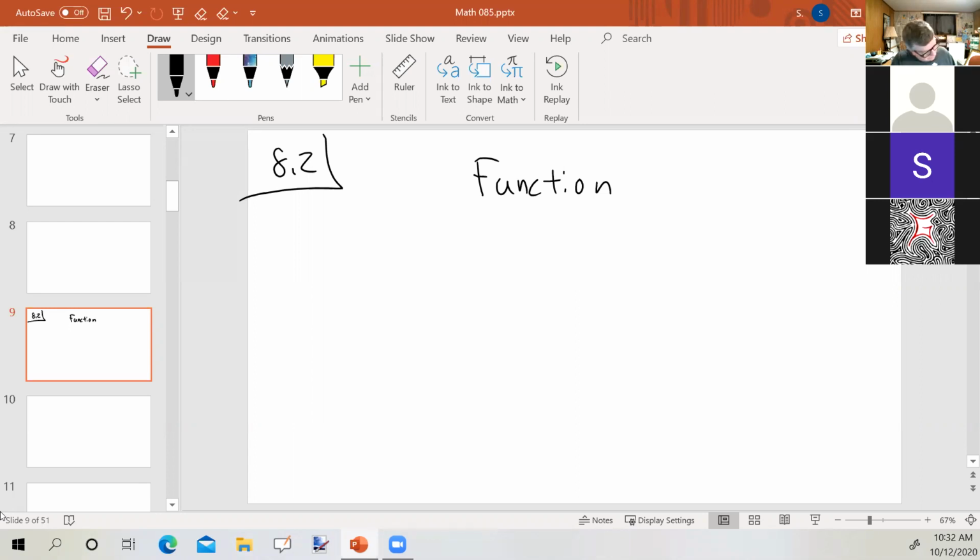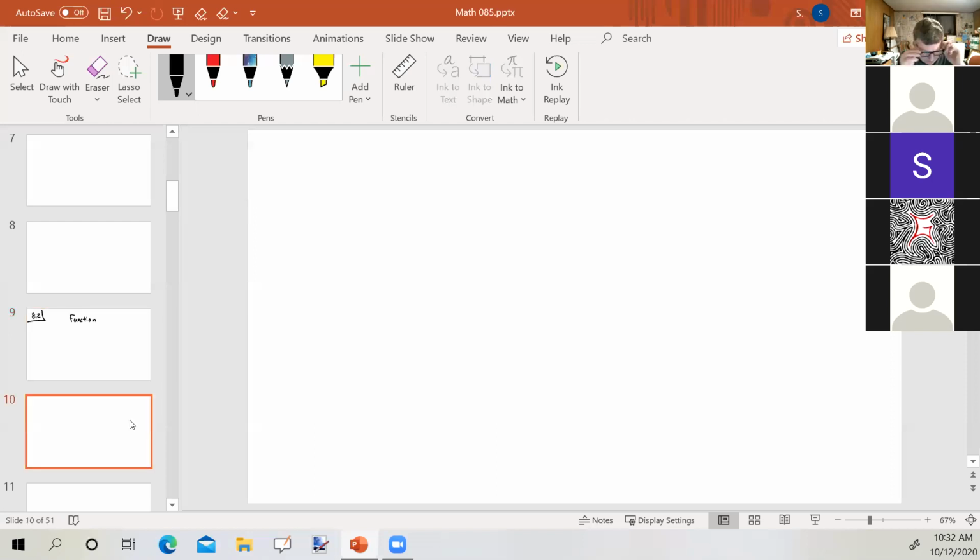A function is a set of ordered pairs in which to each first component there corresponds exactly one second component. The set of first components is called the domain of the function, and the set of second components is called the range of the function. We'll come back to that in a minute, but I have an example I'd like to illustrate.